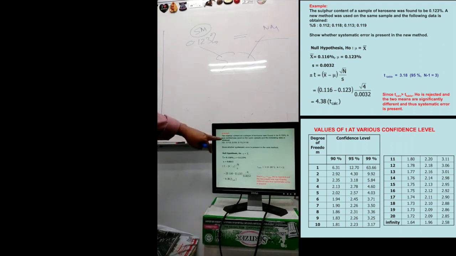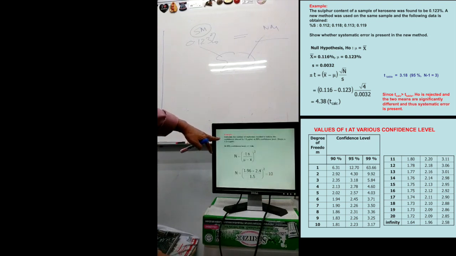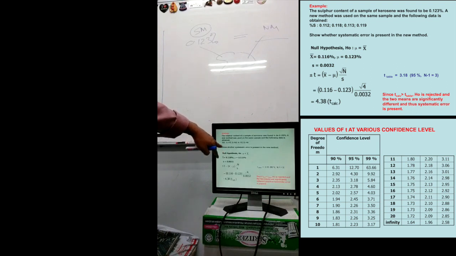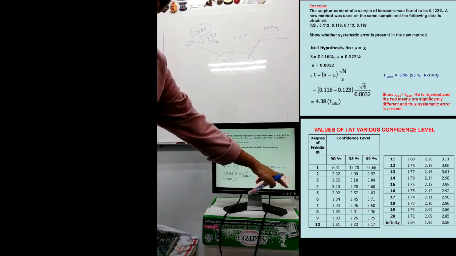If you look here, it's not stated what percent confidence level, so in this case we use 95%. We look at the t table. The number of replicates is 1, 2, 3, 4, so the degree of freedom is 3.